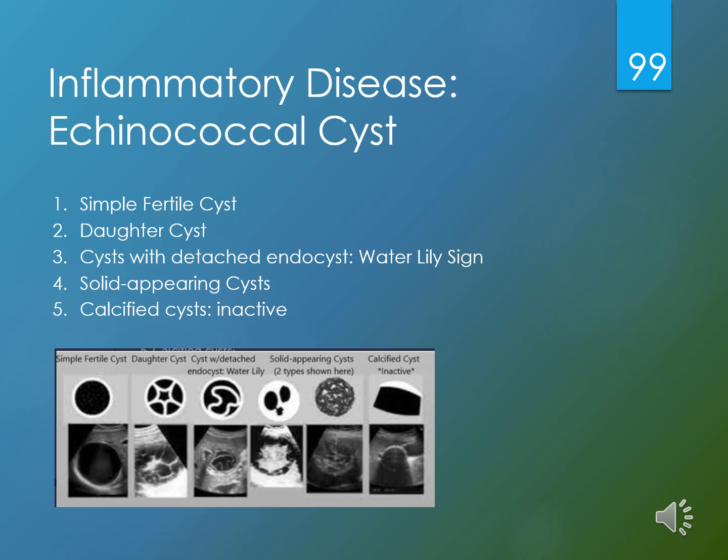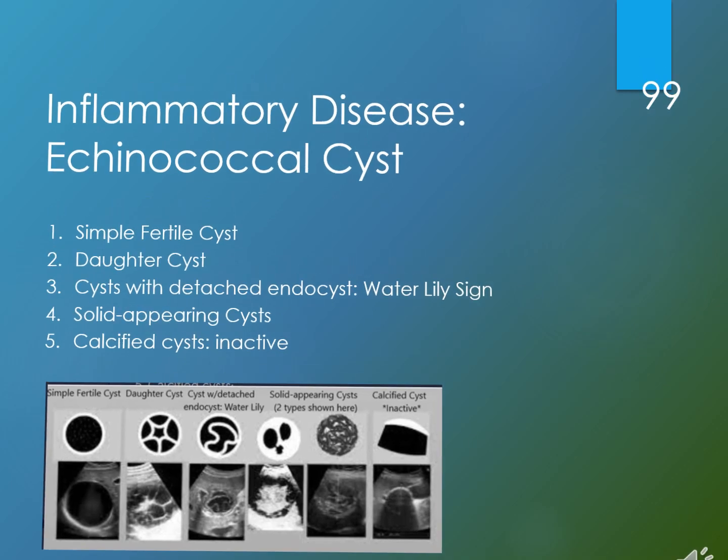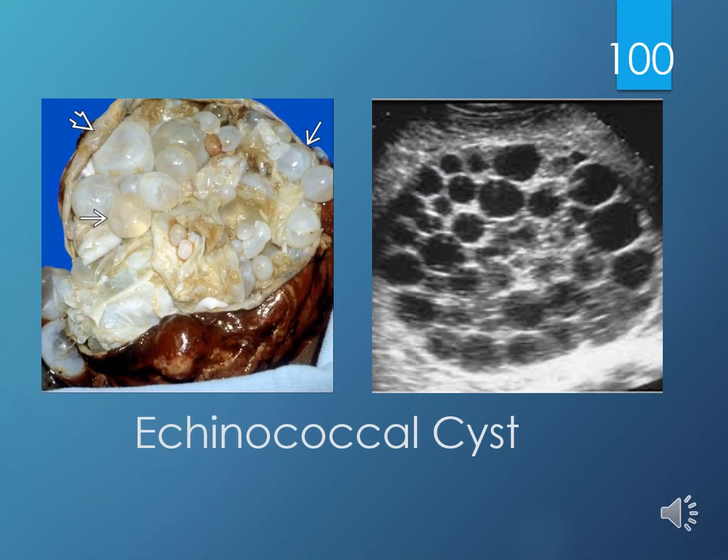Told you it was weird, it's morbid, but hopefully it'll help you remember. Okay, to be fair, if I had this many daughter cysts, I would probably lose my grasp on reality as well.